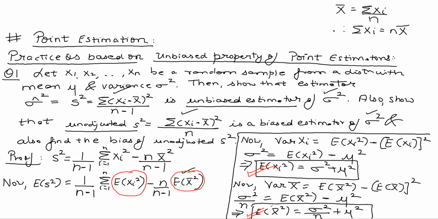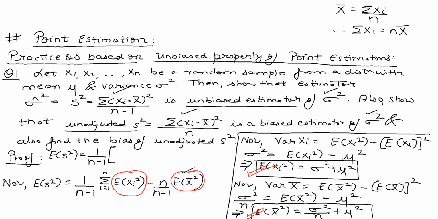So let's erase this on the left hand side. So I can write it like this, that expected value of s square is 1 upon n minus 1 into, now expected value of xi square is sigma square plus mu square.